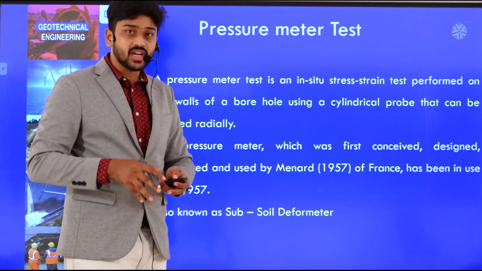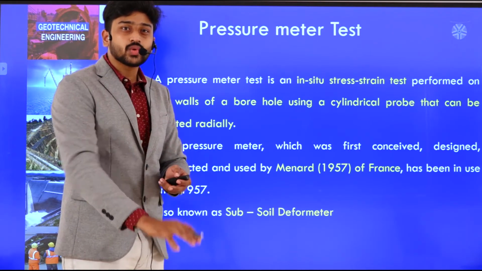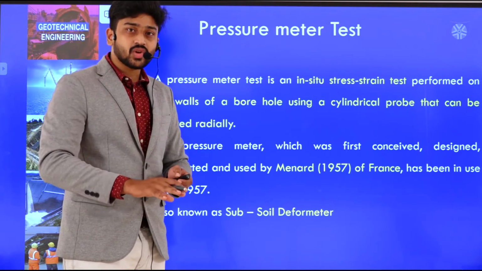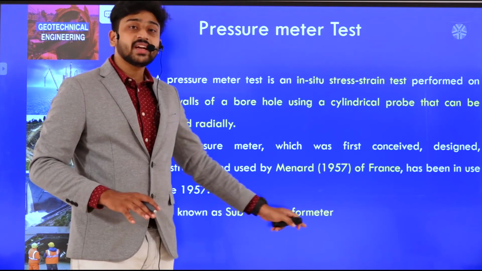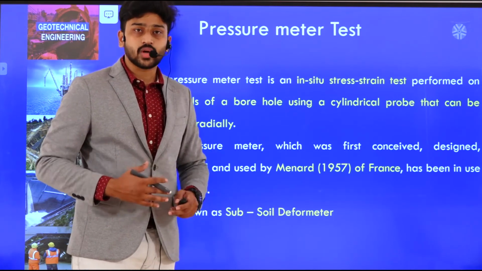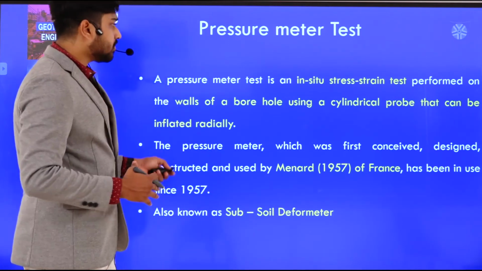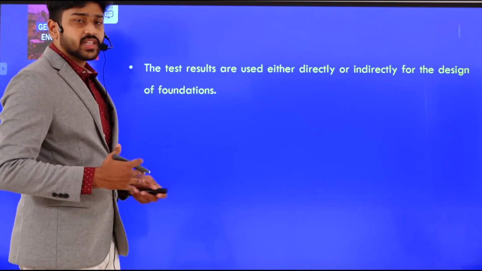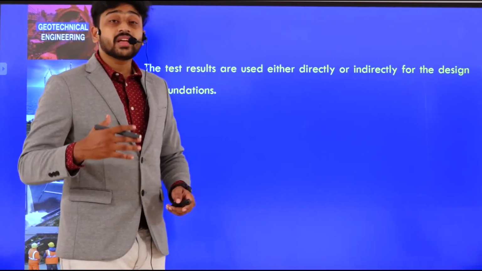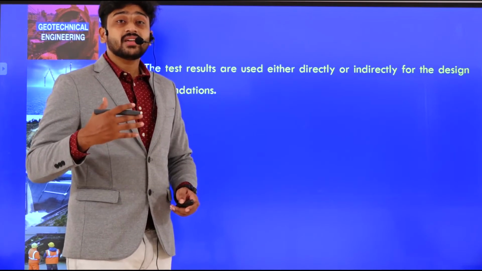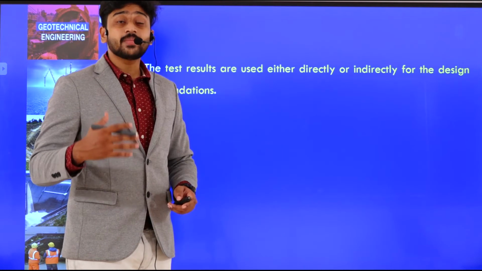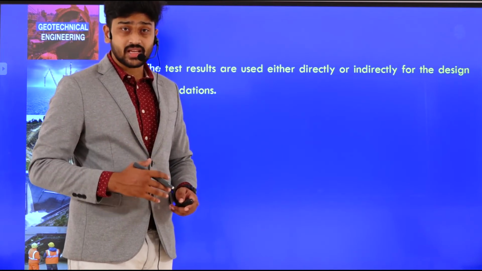That is why it is also known as a subsoil deformer. It is helpful in understanding the concepts of foundation design, and we can design any particular type of foundation in this aspect.